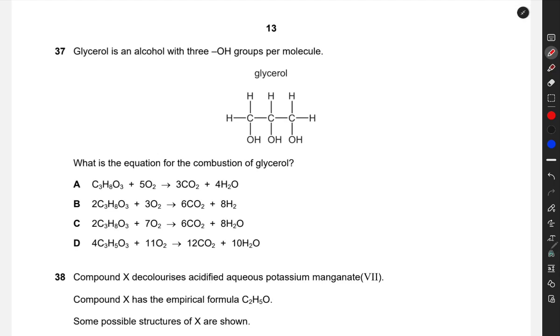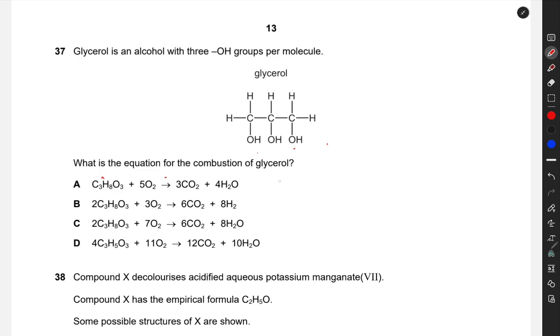Glycerol is an alcohol with 3 OH groups per molecule. What is the equation for the combustion of glycerol? Combustion of glycerol.